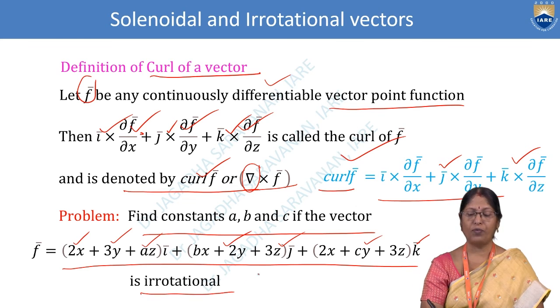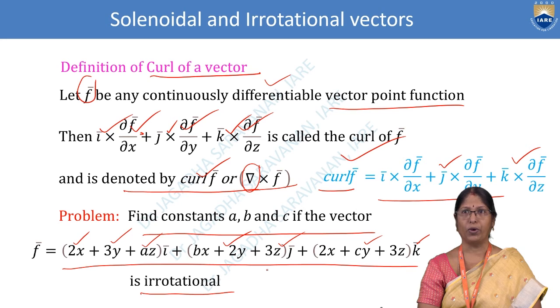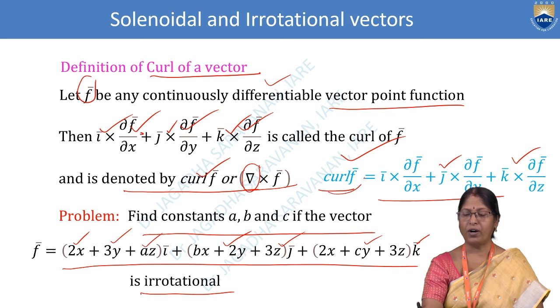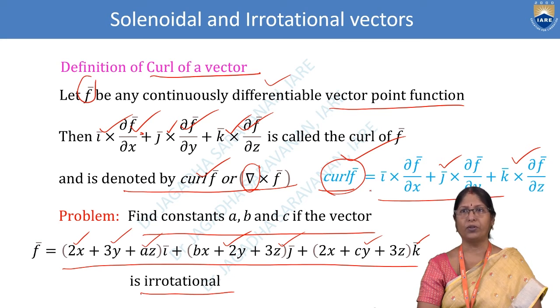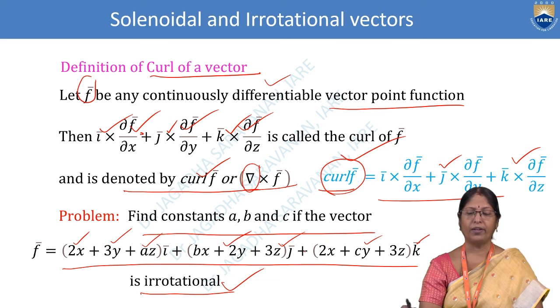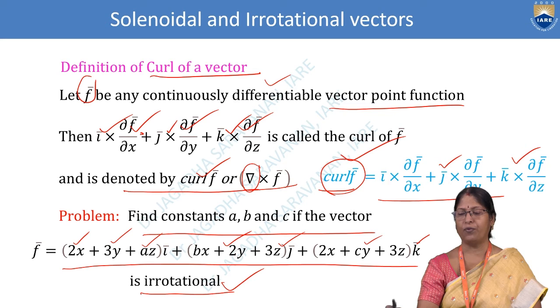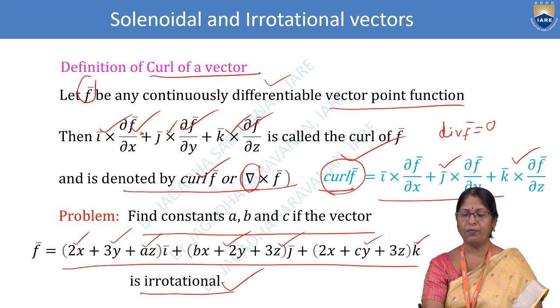We must know the condition of irrotational: if curl f is equal to 0, then we call it irrotational. We have to be very careful. Divergent f equal to 0 is solenoidal. Curl f equal to 0 is irrotational.